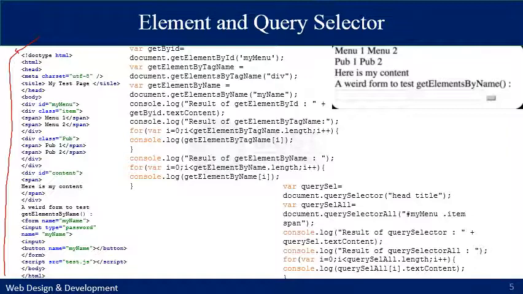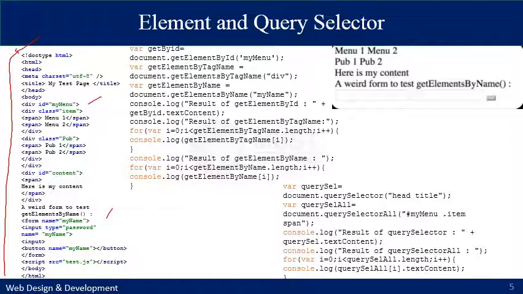In the body tag we have a div named my menu, and the menu says menu 1, menu 2, and then we have another div called pub, and it says pub 1, pub 2, and then we have a content, which specifies that here is my content, and then we have another form specifying a type of password and a button specified by name.